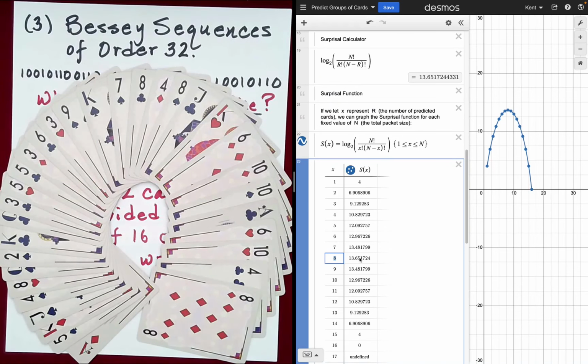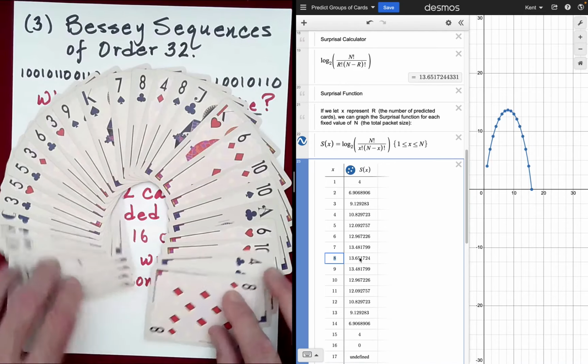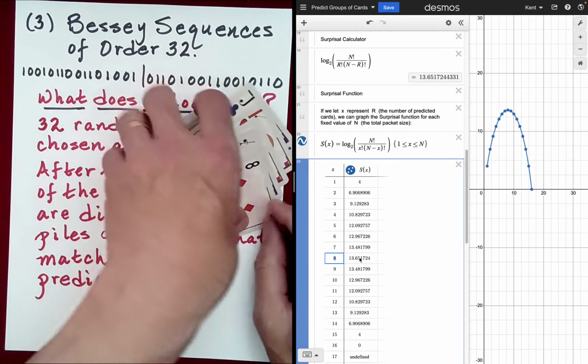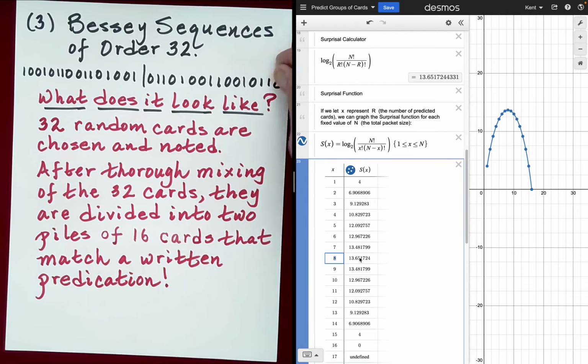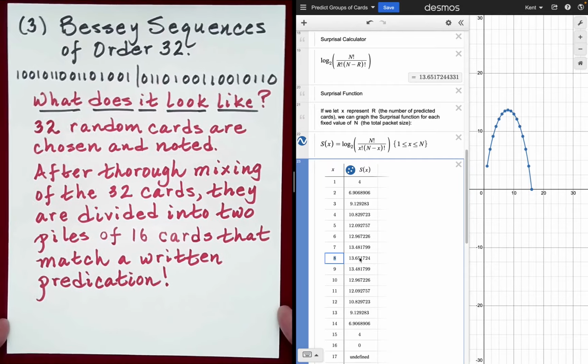Okay. Now, I think what I may have done in the presentation, the routine already created for Bessey sequences of order 32, is I had it pre-set up with special cards in these positions from the start. And so that way, and you can display it for the spectator, they won't see anything. They'd have to stare at it for quite a while to actually detect any kind of real structure in it.